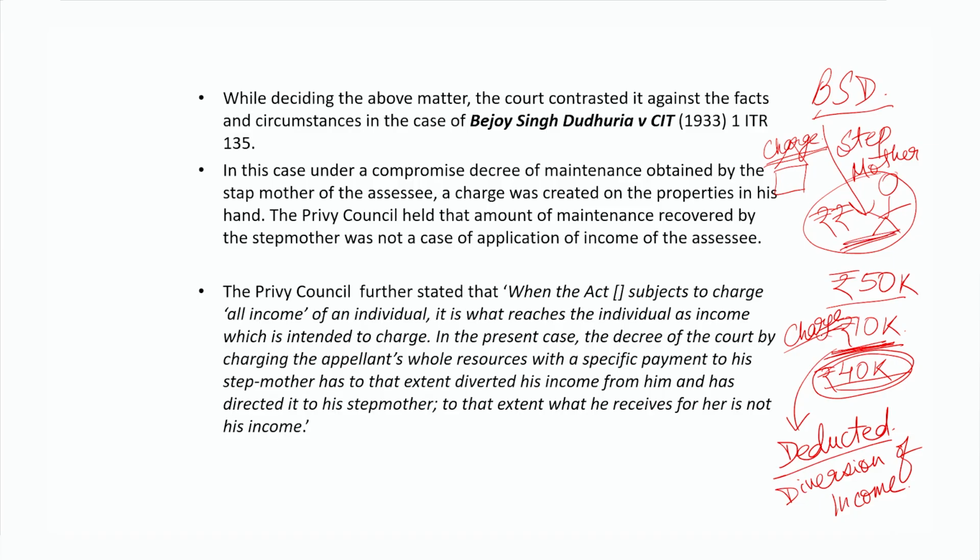And because he has the legal obligation to give out this amount to her, courtesy the charge that has been created on his property, therefore this 10,000 that he may be collecting on her behalf is not to be treated as his income, but rather the stepmother's income, okay?